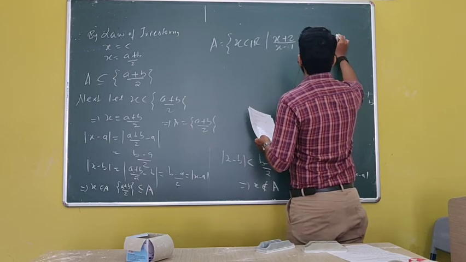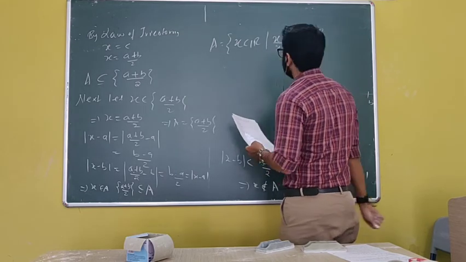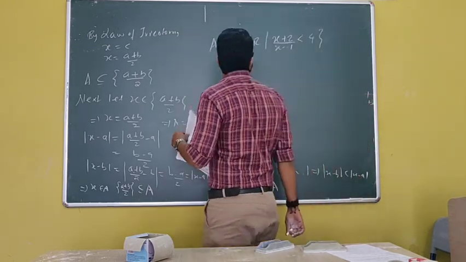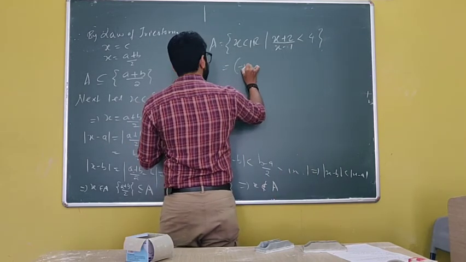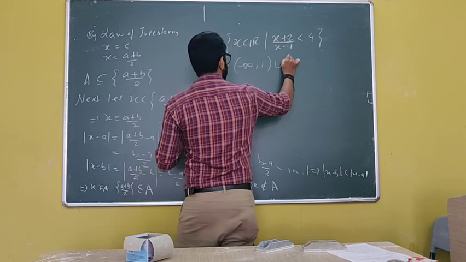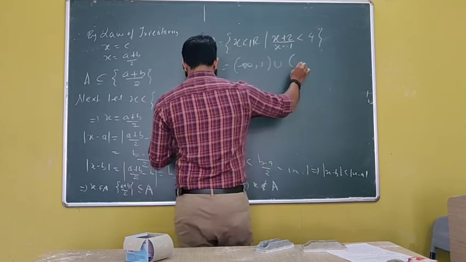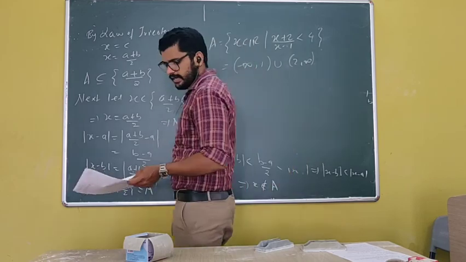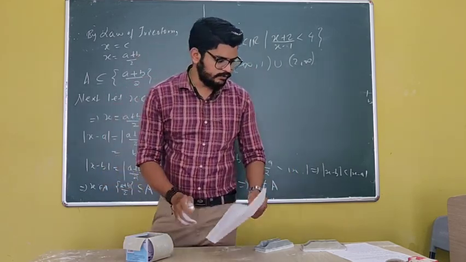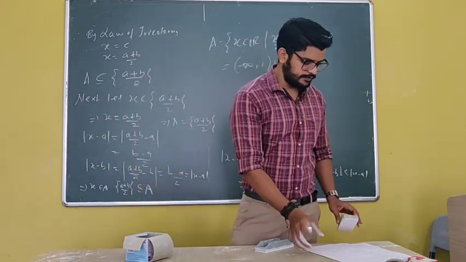You can say that x is around 1. So this set is nothing but negative infinity comma 1 union. You can try this, but I'll come back in the video to finish this up.